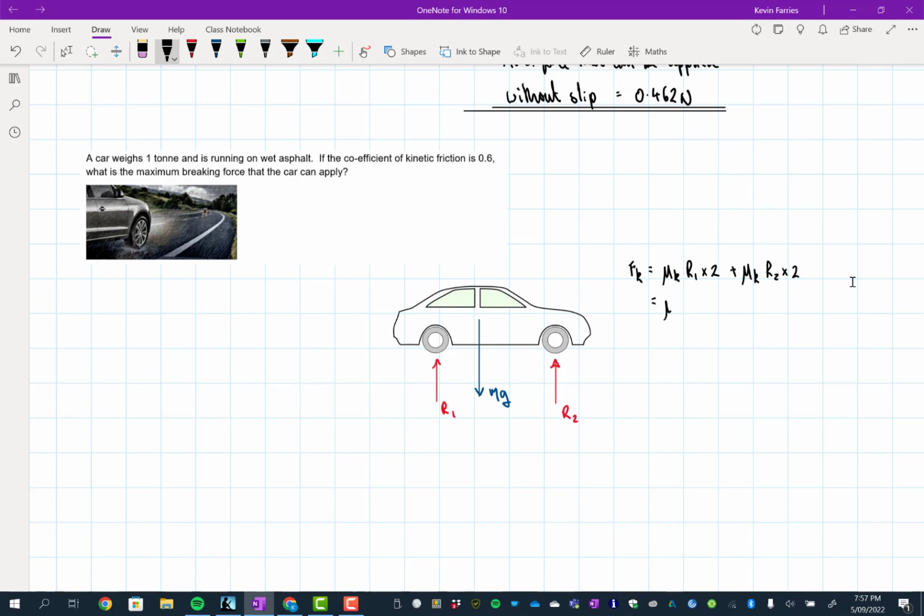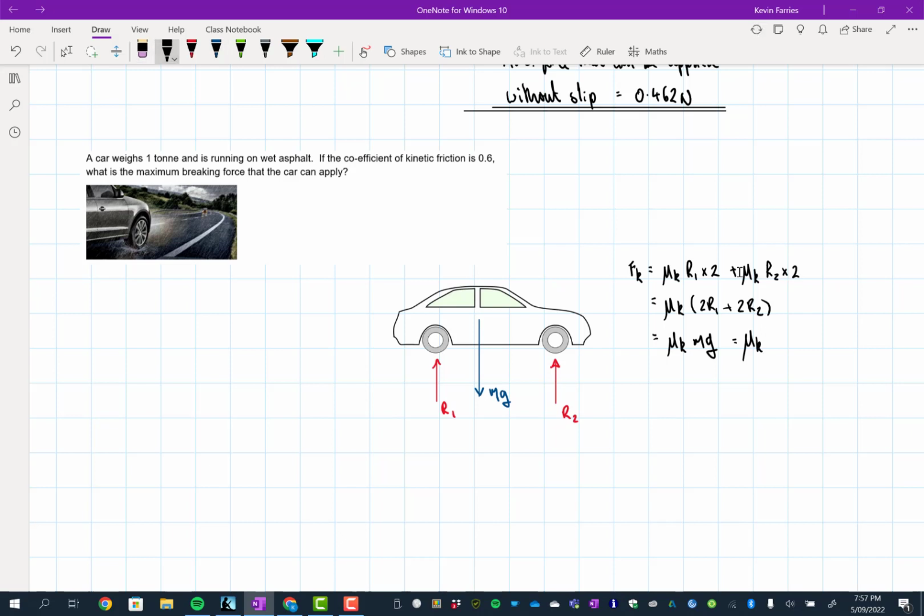Then we can just take that coefficient of kinetic friction out. So 2R1 plus 2R2. And we know for vertical equilibrium, this must add up to the total weight of the car. So it must be just equal to the coefficient of friction times mg, which is the coefficient of friction times the total weight of the car.